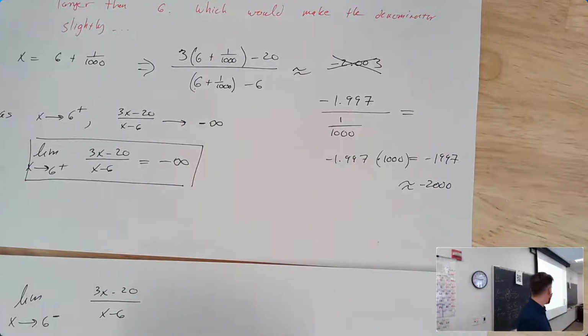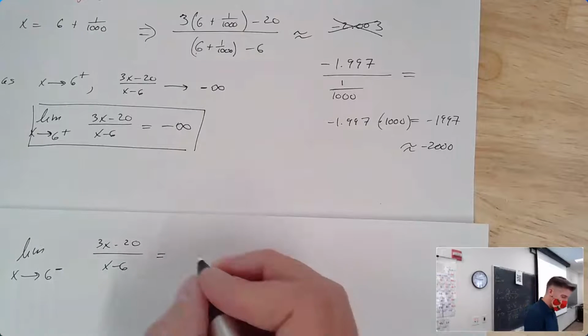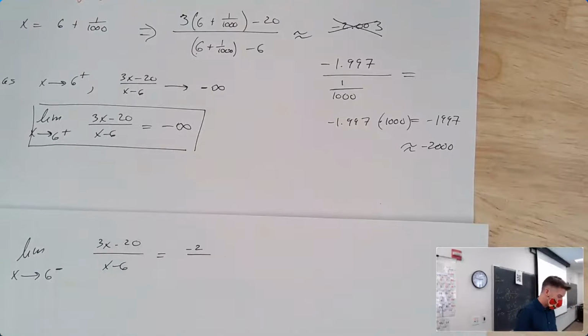And now here's what I usually write for a limit like this. I would say, okay, well, I know if I plug in 6 to the top, I'm going to get negative 2. I know if I plug in 6 to the bottom, I'm going to get 0. But then I'm going to think further, okay, is my 0 in the denominator, really, I know it's not 0. I know it's a very, very small number. It's close to 0.